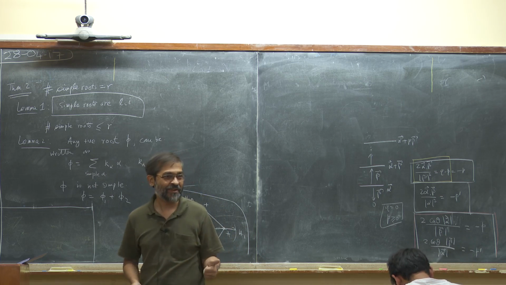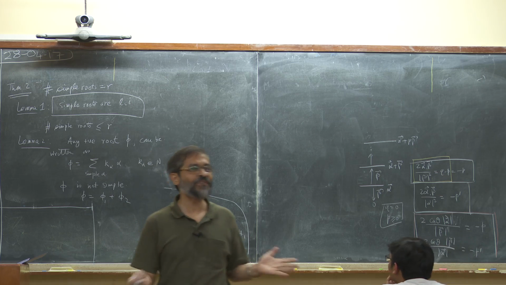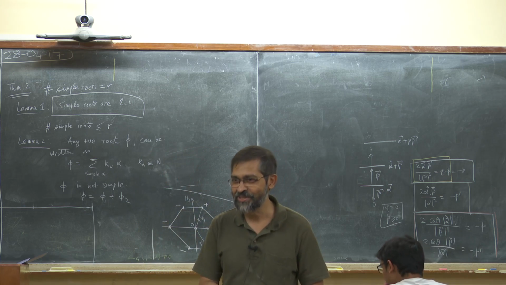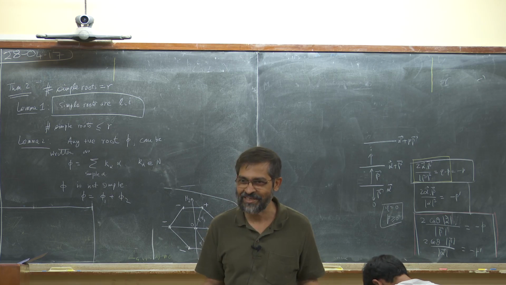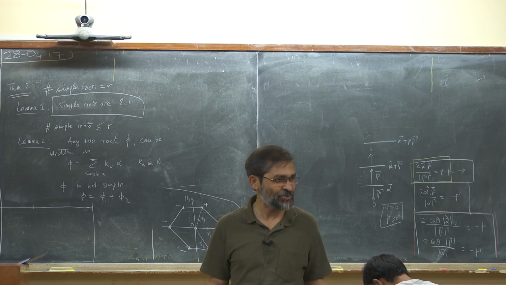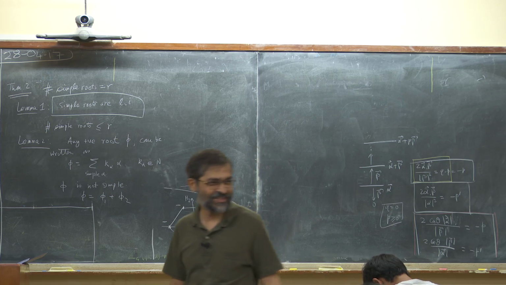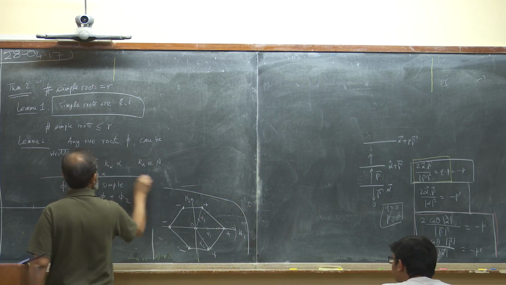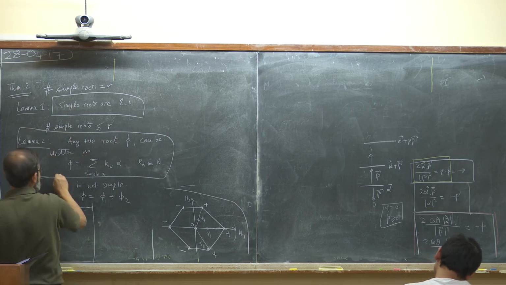You recurse it. However, it might go on forever, but we are talking about finite dimensional Lie algebras, so the number of roots is finite. Therefore, this process has to stop somewhere, so you are done. So, we have proved this.